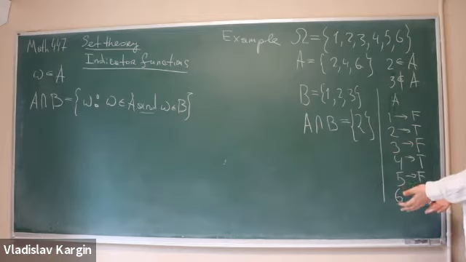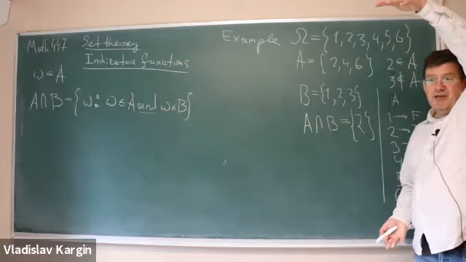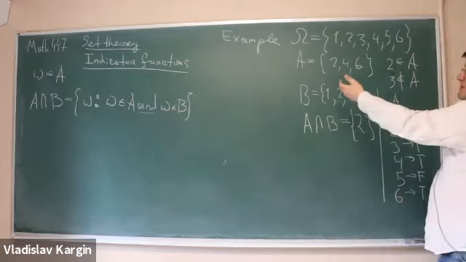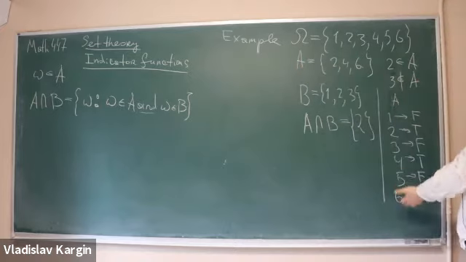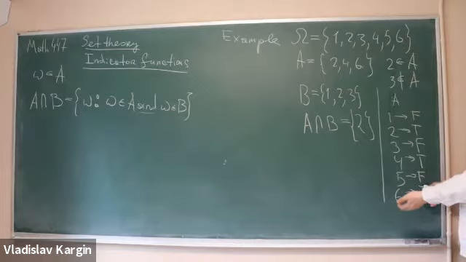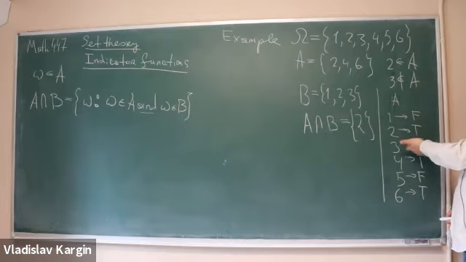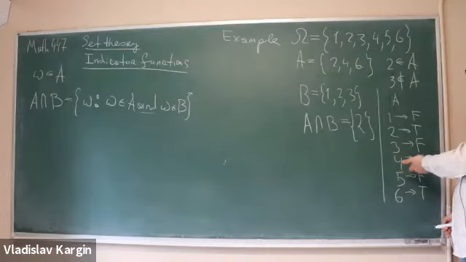If we want to program a set, we would have a list of all elements. If we want to say this is a set A, we would program something like a vector such that the first element is false, the second element is true, the third component is false, the fourth component is true, and so on.